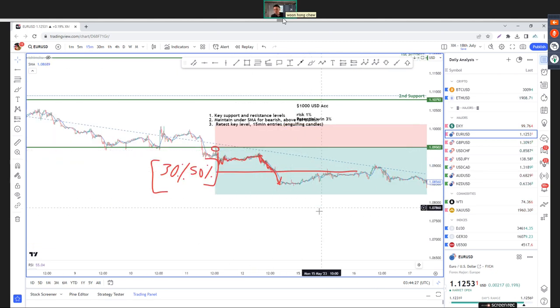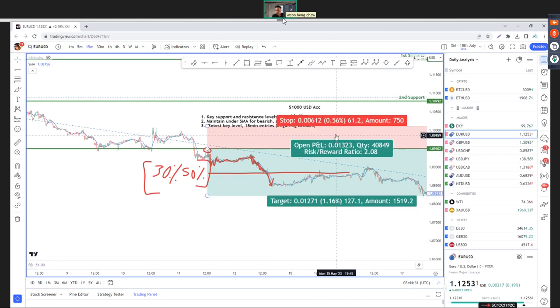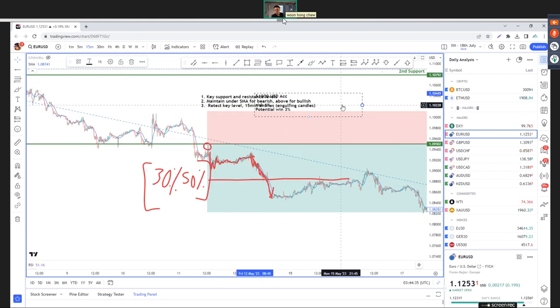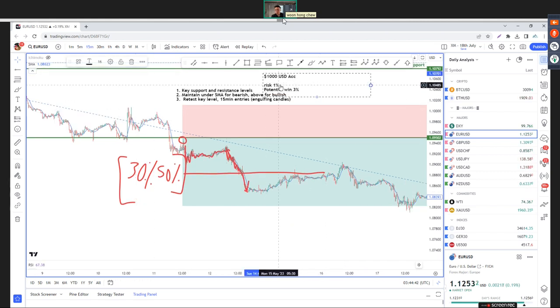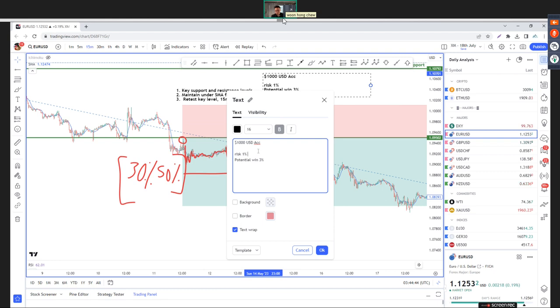For every trade, I'm risking 1%, but my stop loss for this trade is actually 61 pips. So 1% of 1K is $10, and this is $30.